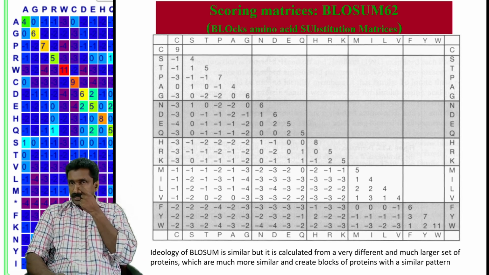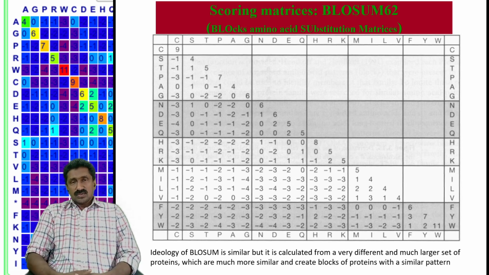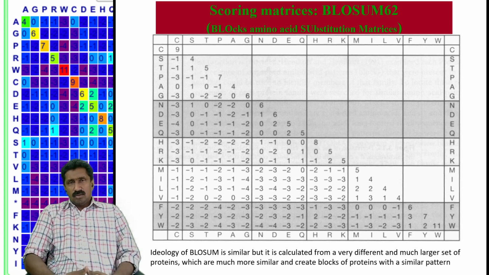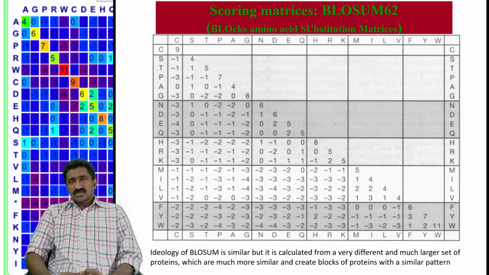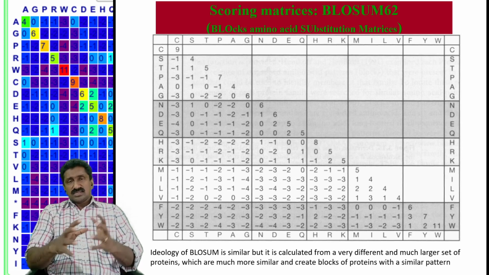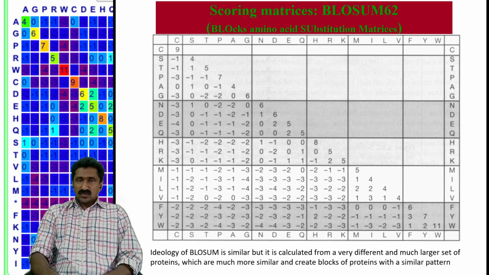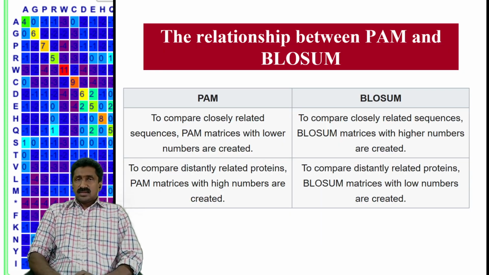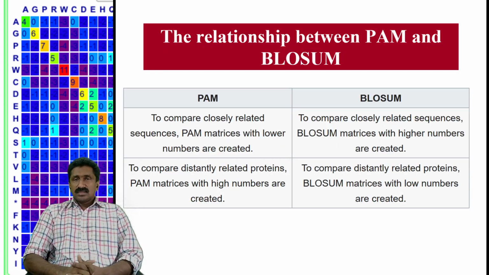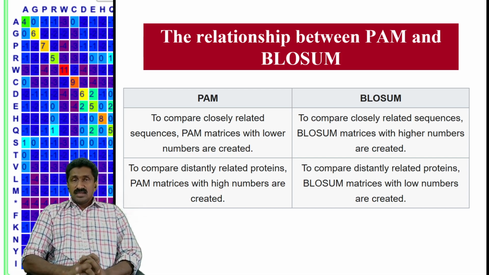This is another diagram that shows the matrix of BLOSUM 62, which is a commonly used block substitution matrix. You can see the values there, and those values will be used in the matrix while calculating the alignment score. Here we have a PAM and BLOSUM comparison. PAM is used to compare closely related sequences, with lower-numbered PAM matrices.